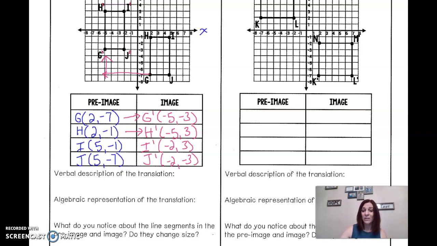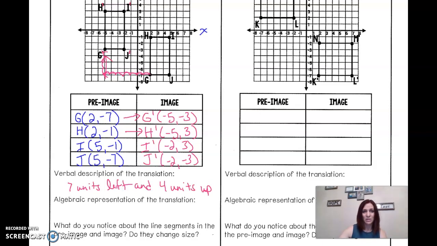So I know I'm moving to the left. How many units? Well, you can count it: 1, 2, 3, 4, 5, 6, 7. So we could say 7 units left. And, because we're not done yet, 1, 2, 3, 4. 4 units up.